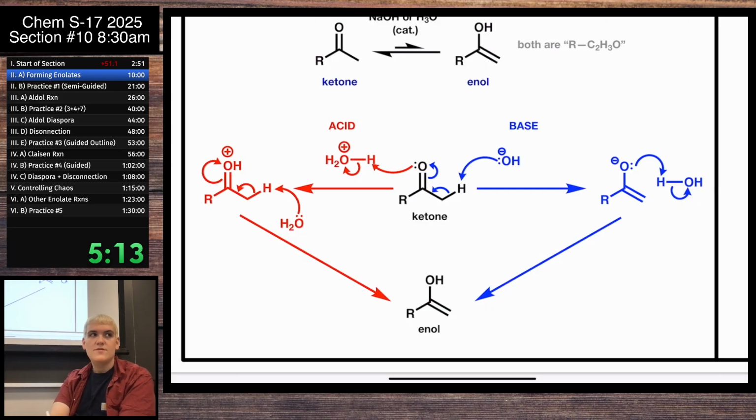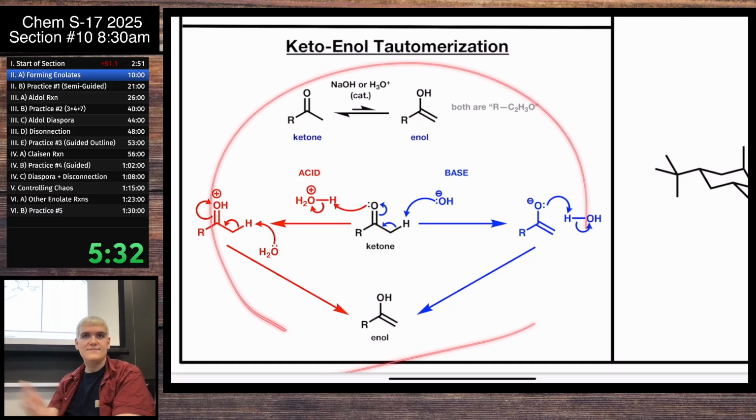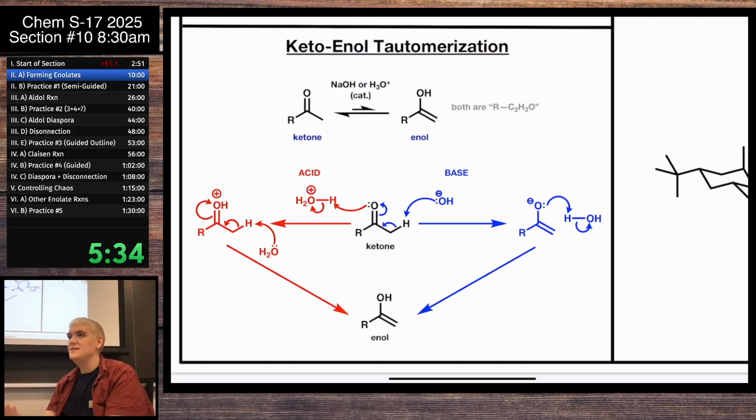In acid, our first step is always protonate the carbonyl. Then water is our base that deprotonates the alpha position, and then we are at our enol. Or in base, we can have the OH minus directly grab the hydrogen, and then we neutralize the O minus. So getting between these two is a classic baby steps mechanism into the space.